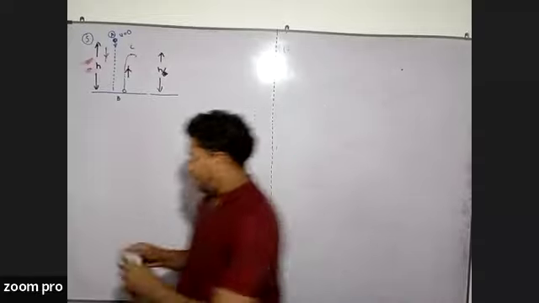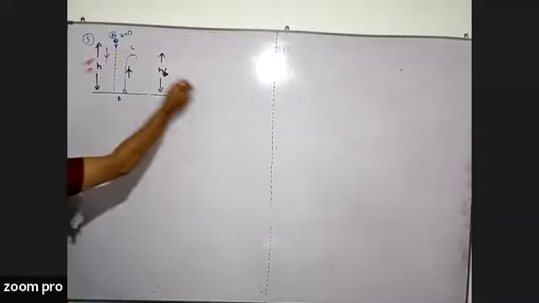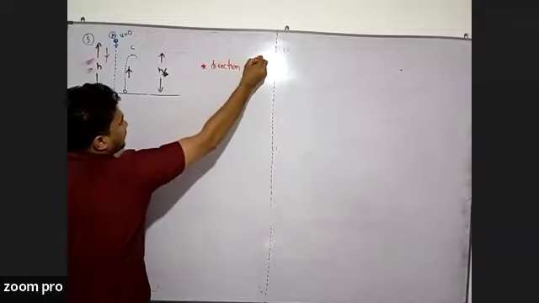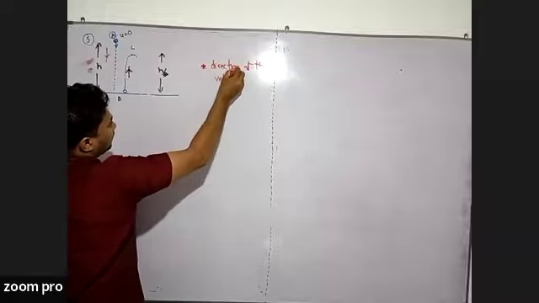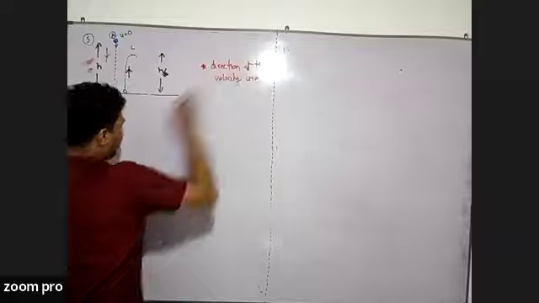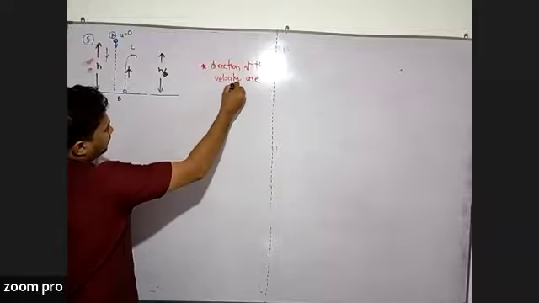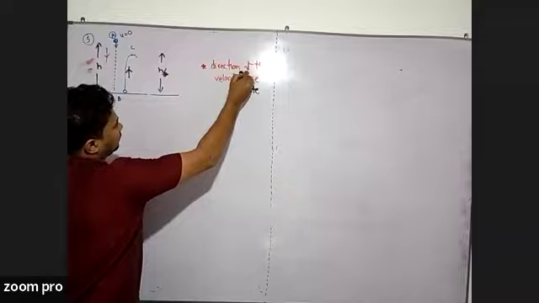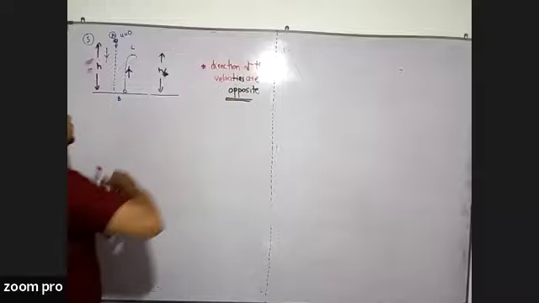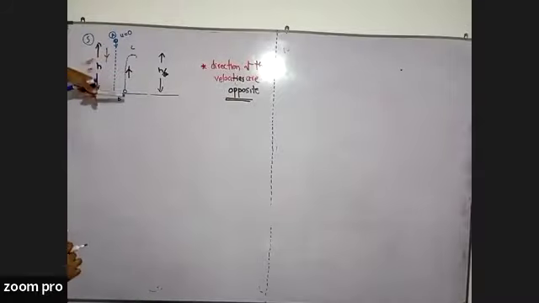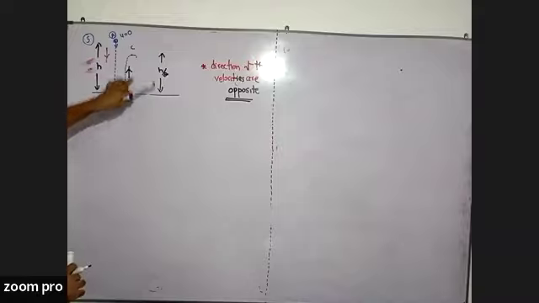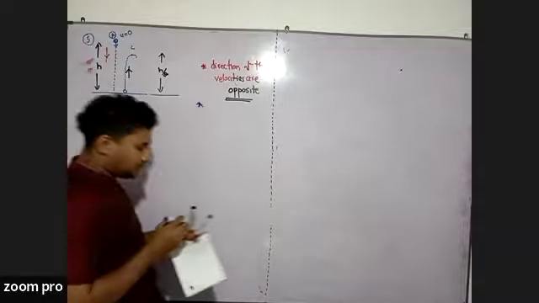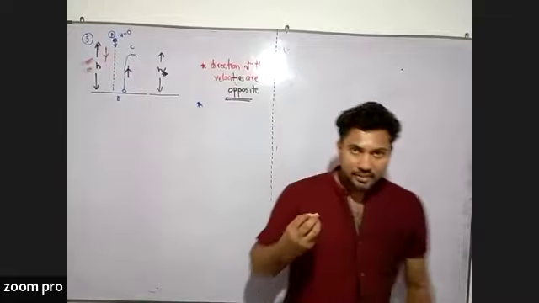So the directions of the velocities are opposite, because at the first instant the velocity is directed downwards, and at the second instant the velocity is directed upward.